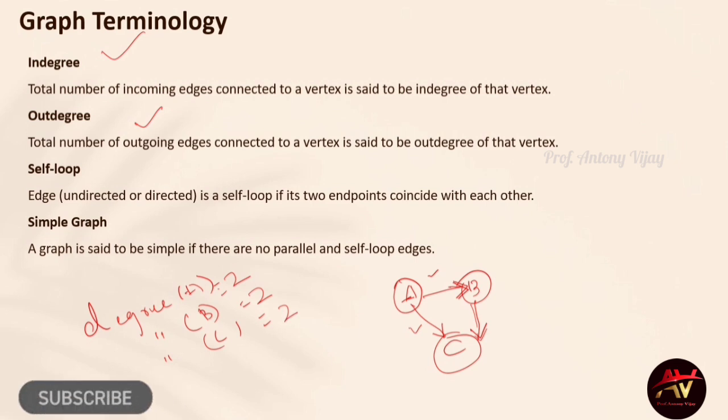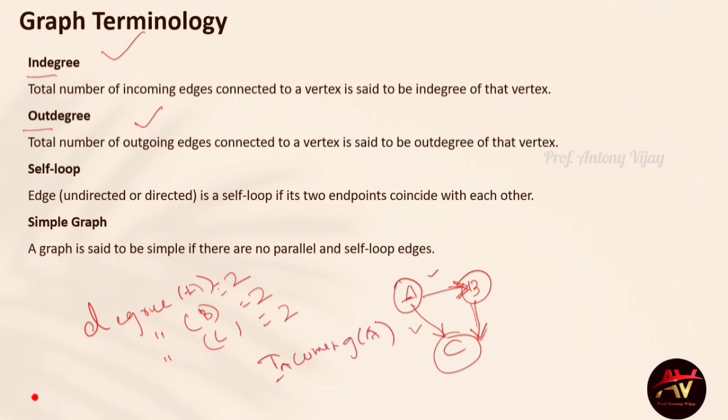But when I talk about in-degree and out-degree, in-degree means incoming degree. How many incoming and how many outgoing. Incoming degree for A: only A is having outgoing degree, no incoming degree. So the incoming degree is 0 for A. And the incoming degree for B?